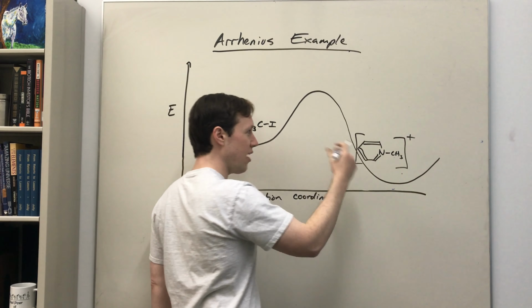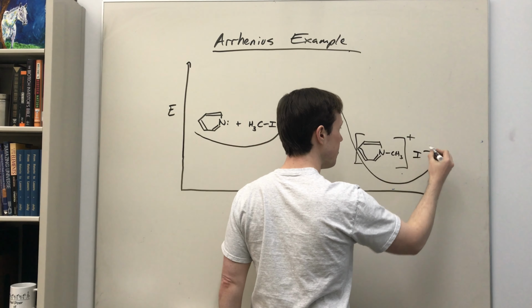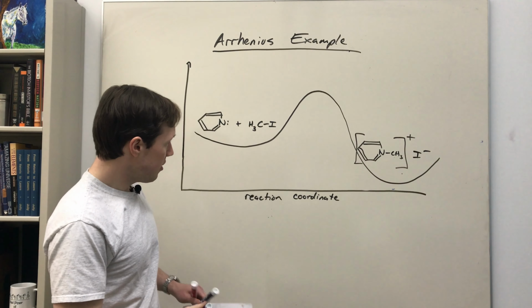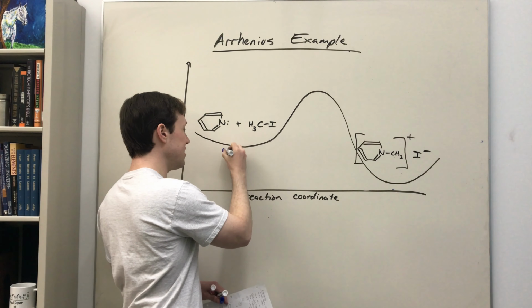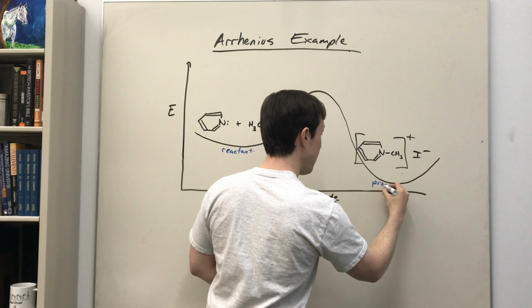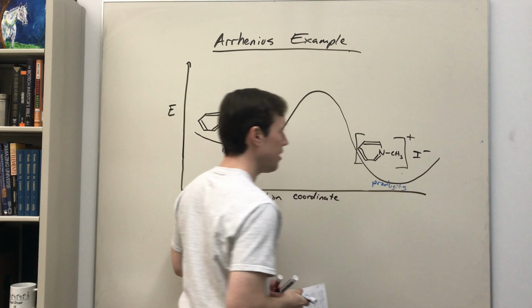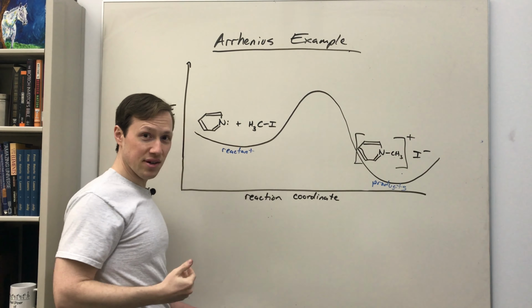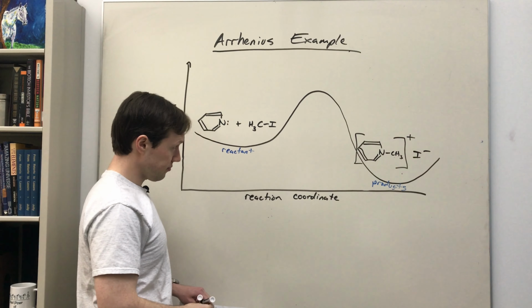This makes a positively charged molecule that can be paired with the resulting iodide. This, by the way, is actually drawn to energetic scale. That is, in this case, iodine with a negative charge is more stable than pyridine on its own.